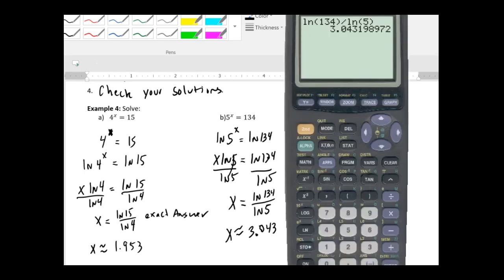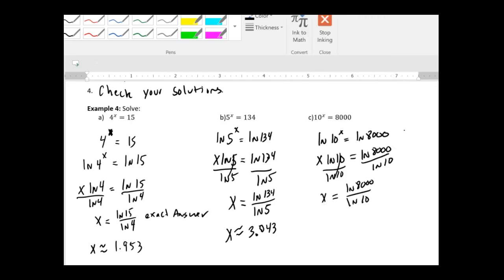Okay, so the approximation is natural log of 8,000 divided by natural log of 10, 3.903.